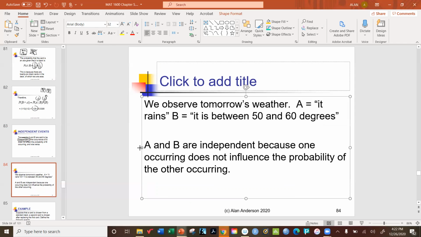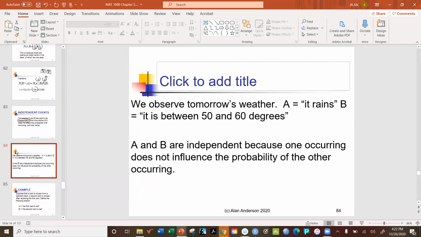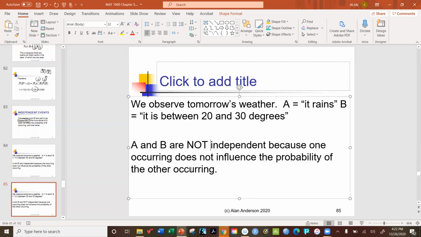Okay, now on the other hand, let's try a silly example here. Let's change it to A is it rains, and B is it is between 20 and 30 degrees. How about that one? Well, A and B are not independent because one occurring rules out the other occurring.